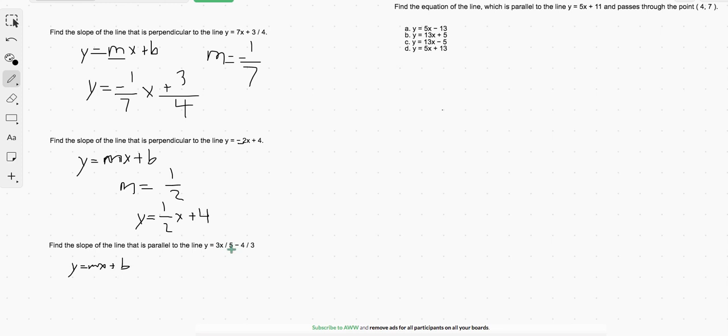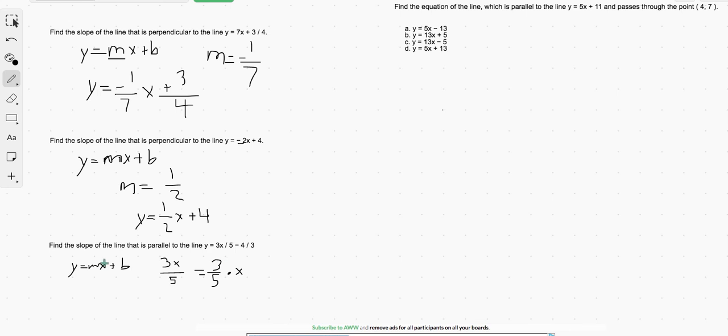So this is 3x over 5. 3x over 5 actually means just 3 over 5 times x. That's all that it means. So that means that 3 over 5 is the slope. So m is the slope. And minus 4 over 3.